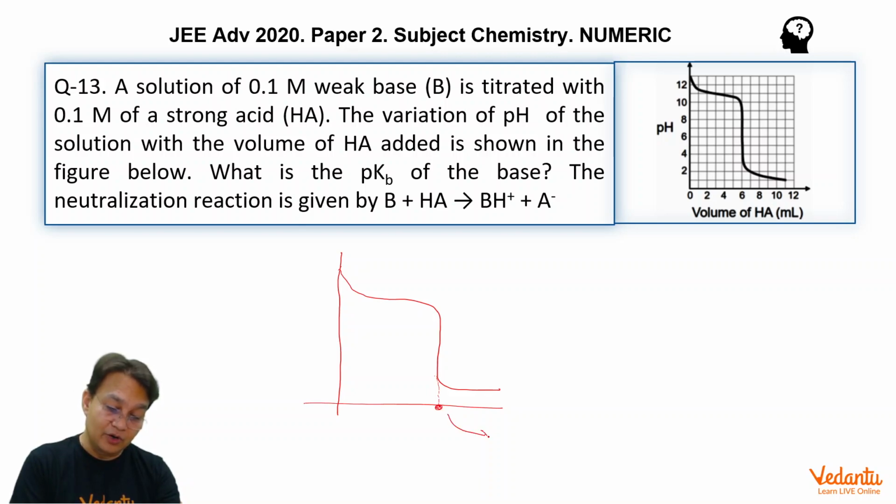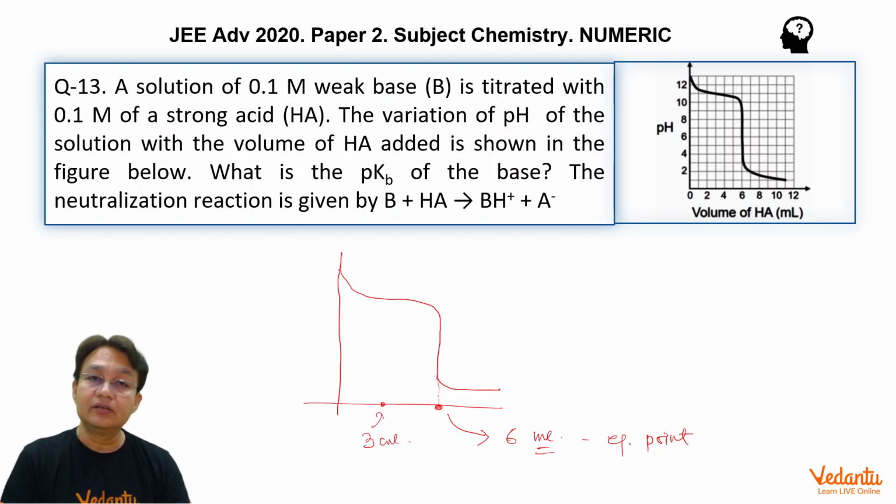If you check this point, it is coming at the volume of 6 ml. So 6 ml is the equivalence point. And if 6 ml is the equivalence point, the halfway, that is 3 ml, must be the half equivalence point.